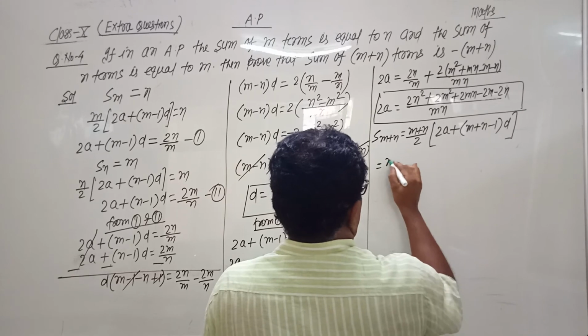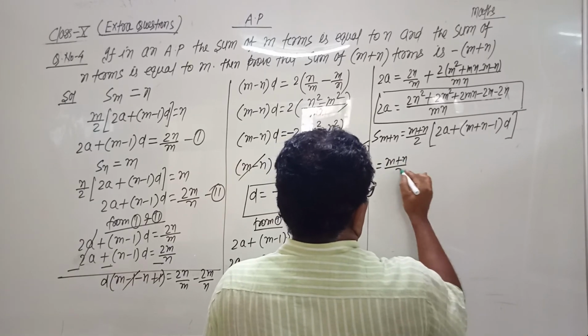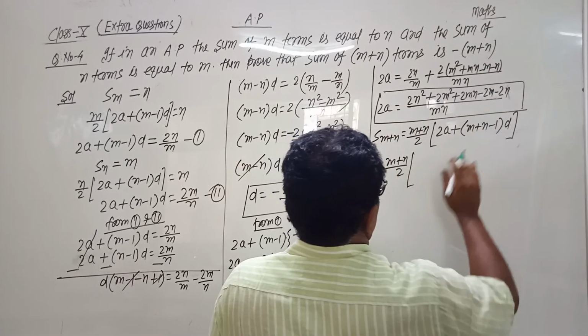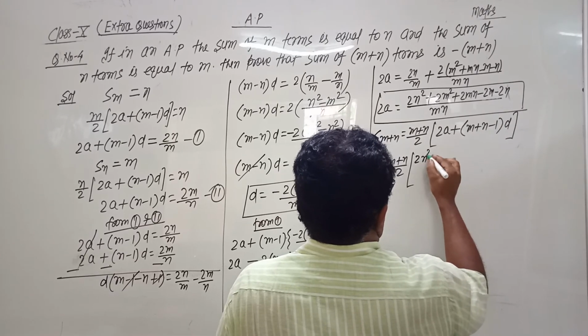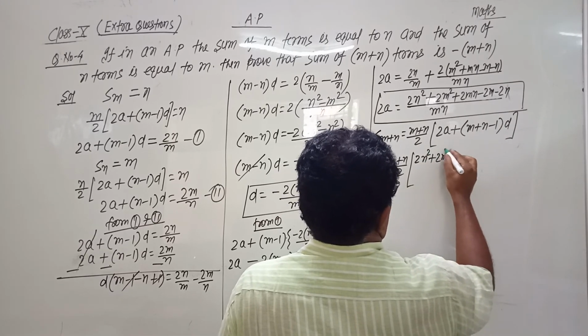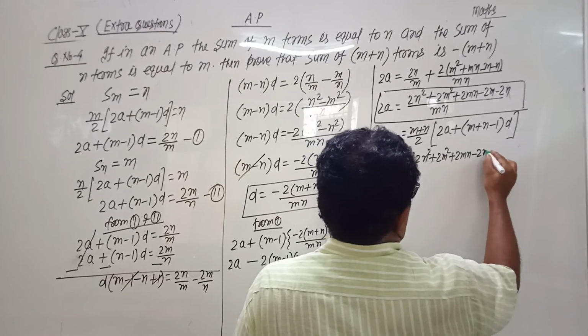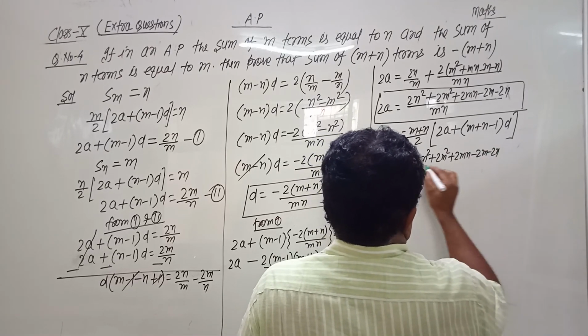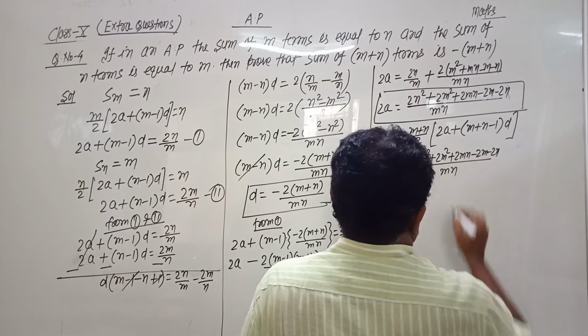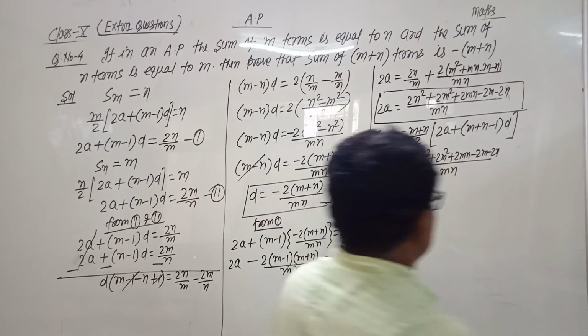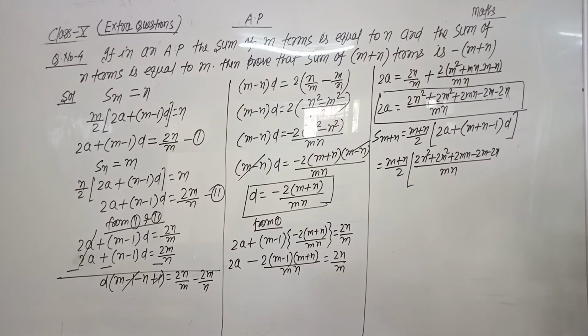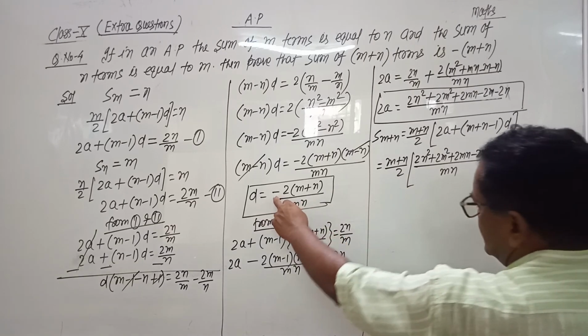So (m plus n) by 2, the value of 2a is 2n square plus 2m square plus 2mn minus 2m minus 2n upon m into n, and plus (m plus n minus 1) d. The value of d is this.